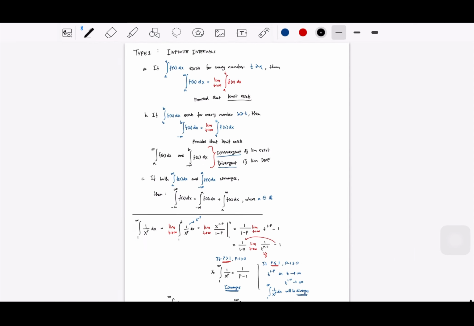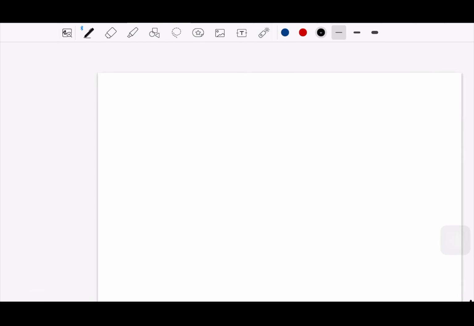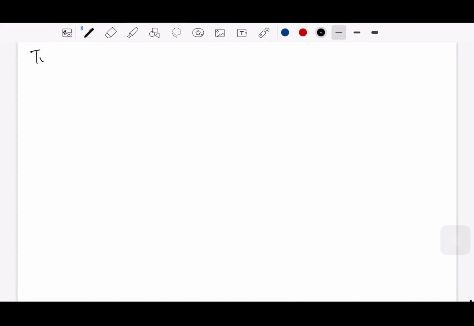So let me write the section as type 2, discontinuous integrands. Integrand here means the endpoints of the integration.